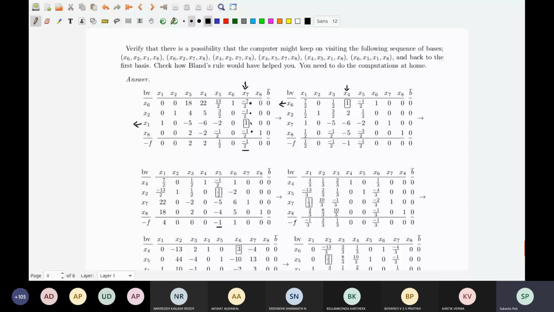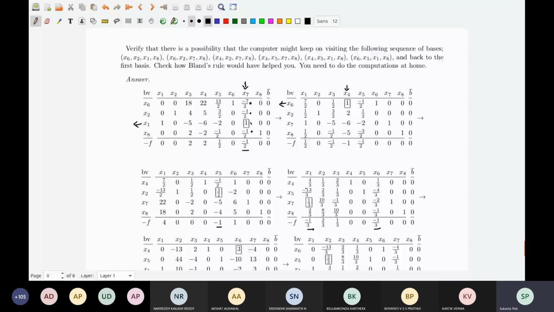Here I followed Bland's rule, but only half of it. The positive entries are at x4, x7, and x8, and I selected x7, but if you follow Bland's rule, you should select x4 to go out, as it is the smallest subscript available to go out. Bland's rule would say select x4, but I selected x7. It doesn't matter.